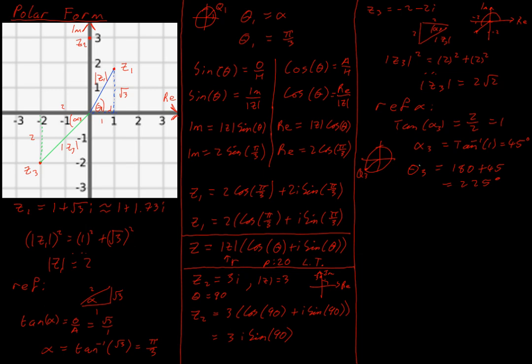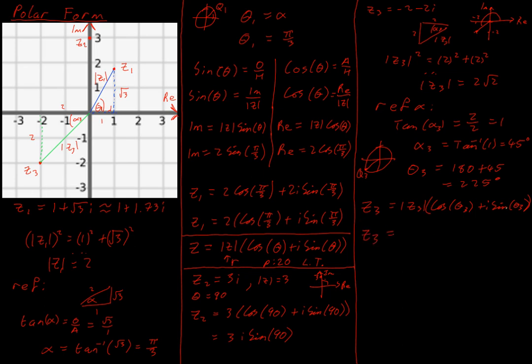So I now have my angle and I have my modulus. So now it's just a matter of subbing in. I have Z3 is going to be my modulus of Z3 on cos open bracket, cos of my theta 3 plus i sine of theta 3, and I sub in.